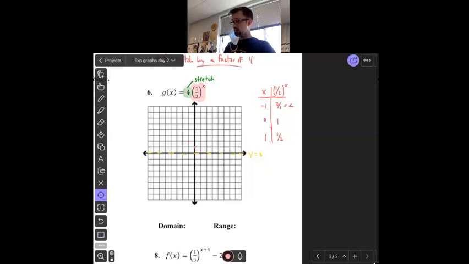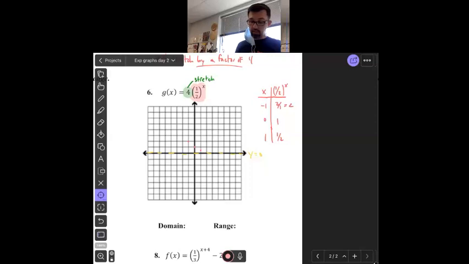Yeah, a quarter. 1/2 times 1/2 would be 1 times 1 over 2 times 2, which is 1/4. So we see that the y value is smaller. 1/2 of a quarter is an 1/8. 1/2 of an 1/8 is a 16th. Half of a 16th is a 1/32. Those y values keep getting smaller and smaller, Brooklyn.